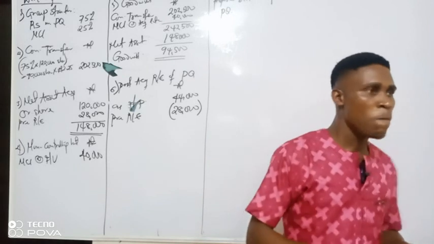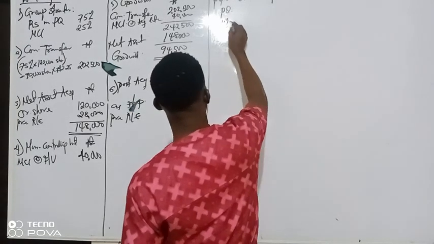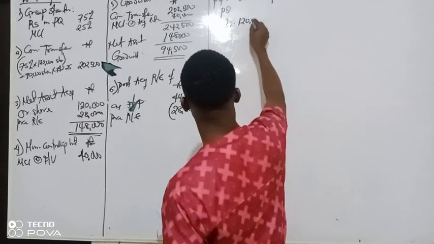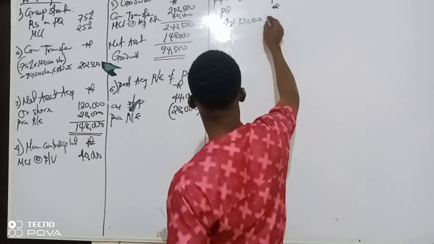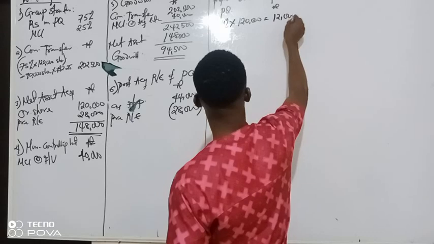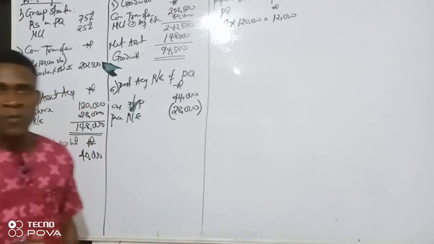Of 10%. So that will be 10% of the 120,000 share capital. That is 12,000, the dividend declared by the subsidiary.